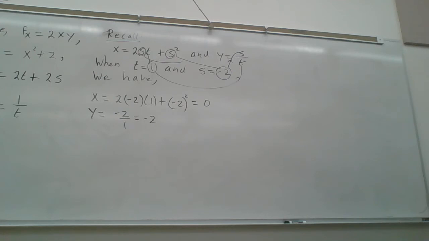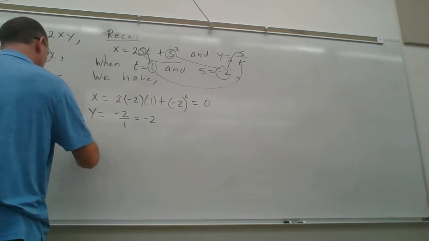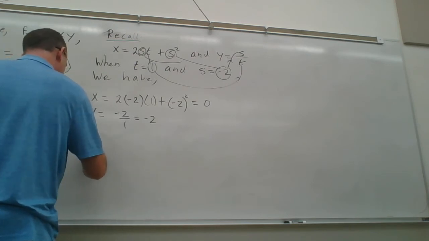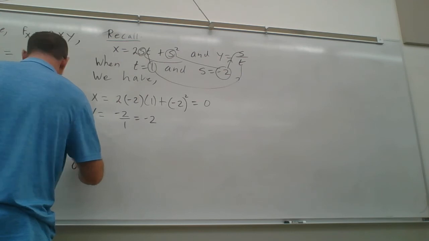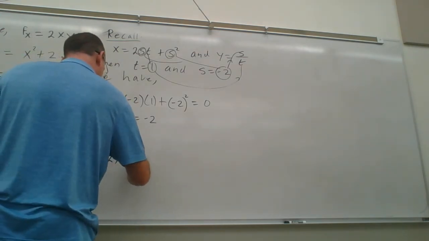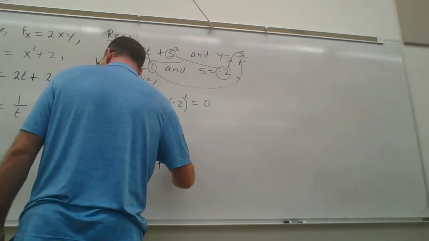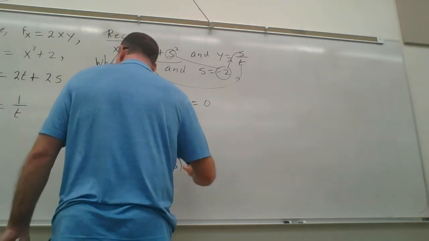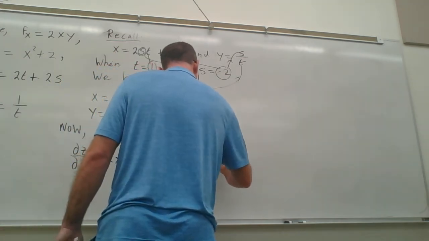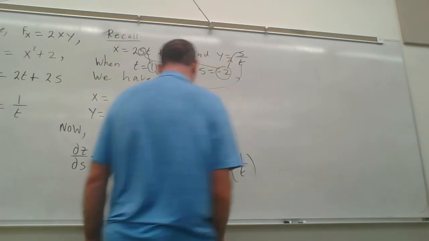Okay? So now again, we'll plug into our partial z with respect to s. So it's 2xy times 2t plus 2s plus x squared plus 2 times 1 over t.